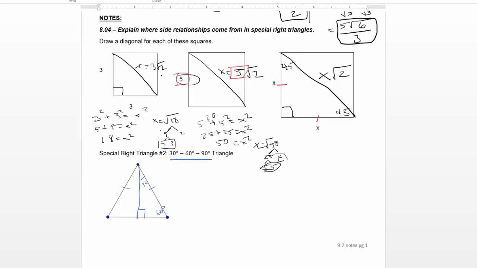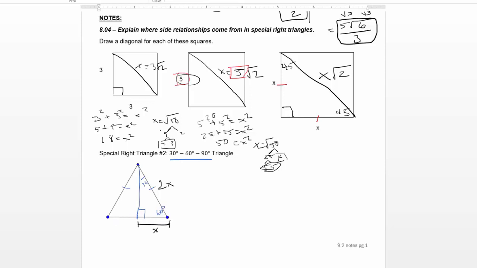You can play a similar exploration here by drawing a few of these, like we did with the squares, and labeling them with different numbers and trying to find the 3 parts. I'm going to, however, start with this more general case. I'm going to say that this hypotenuse has a length of 2 times x, which means that this altitude has split this one side into 2 equal pieces.